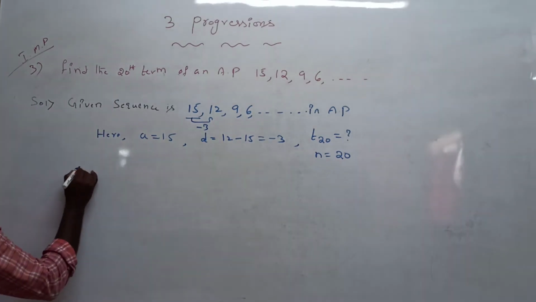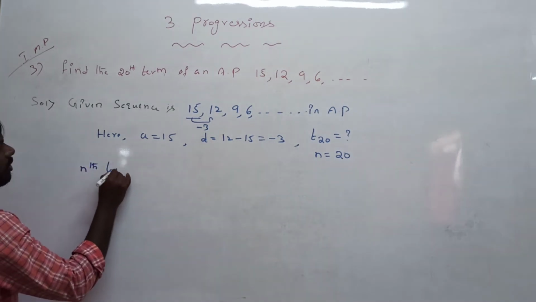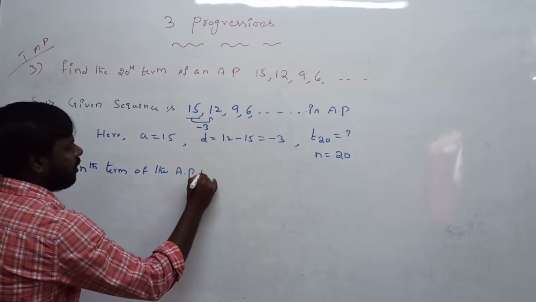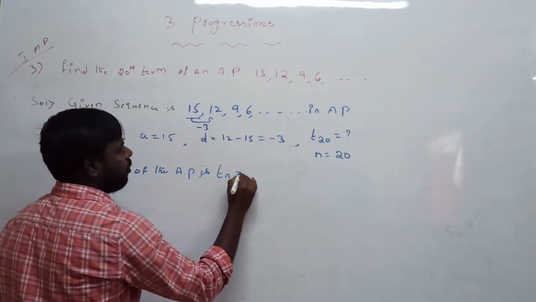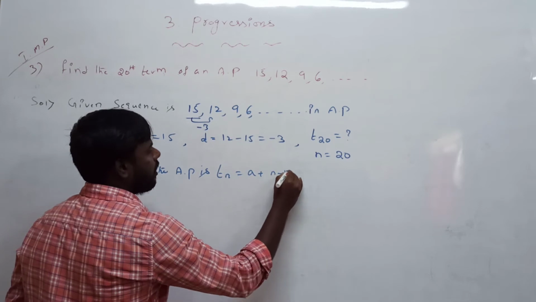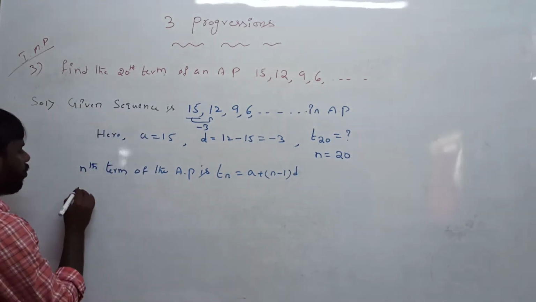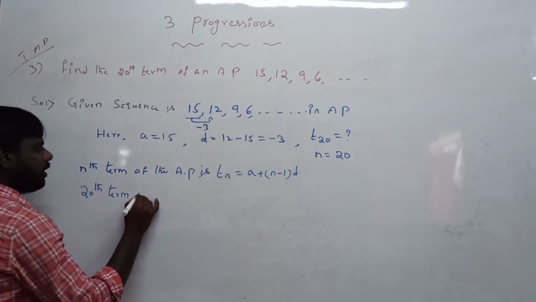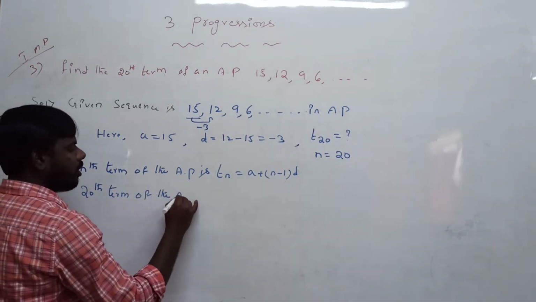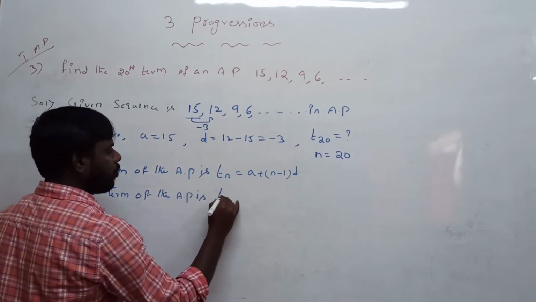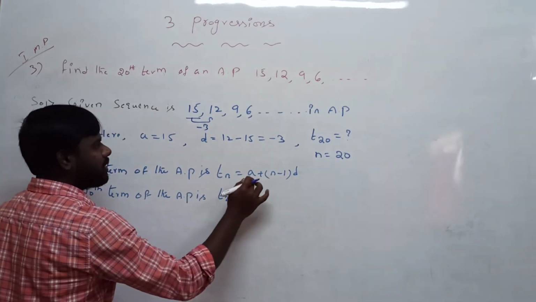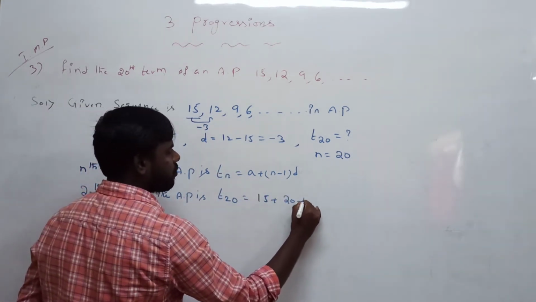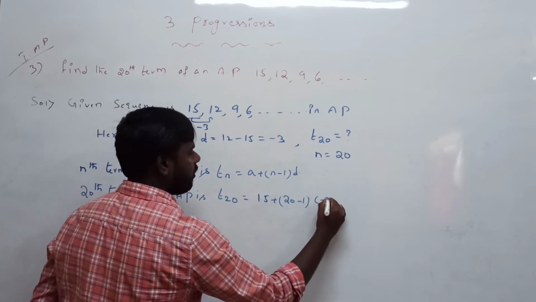Now apply the nth term of the arithmetic progression: Tn is equal to a plus n minus 1 into d. To calculate the 20th term, what is the a value here? 15. n value is 20, minus 1, into d value, minus 3.